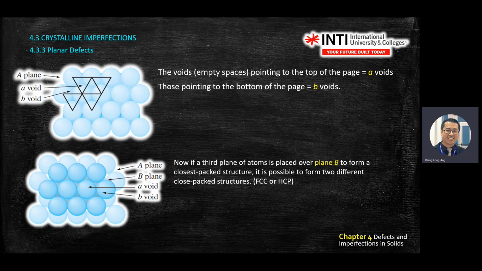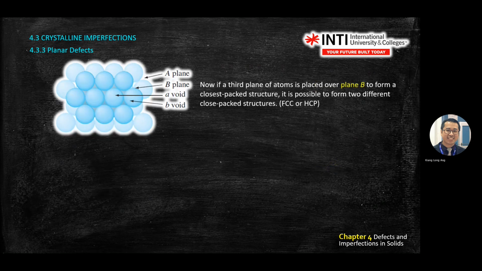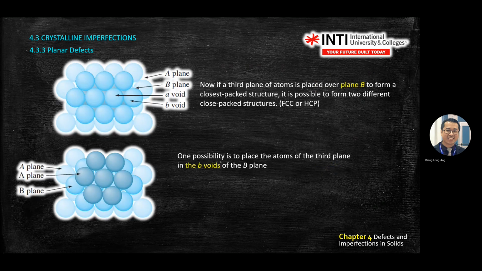This is an illustration of plane defect. The bottom one, the darker blue, is plane B, and the back one is plane A. So you can see there is some space that can form between the two planes there.